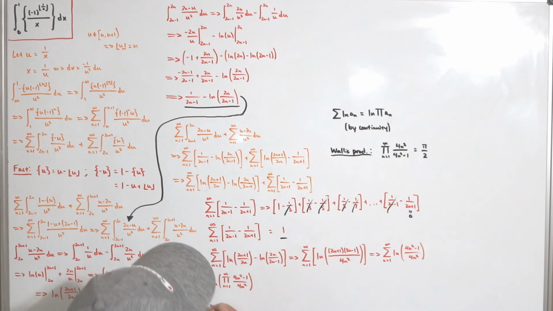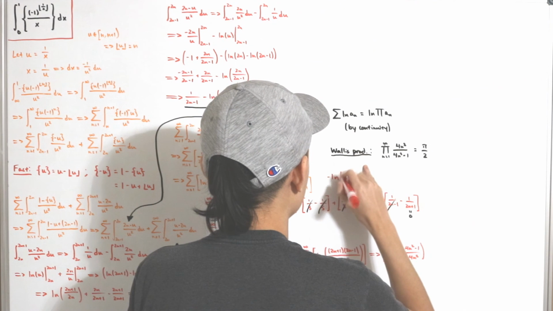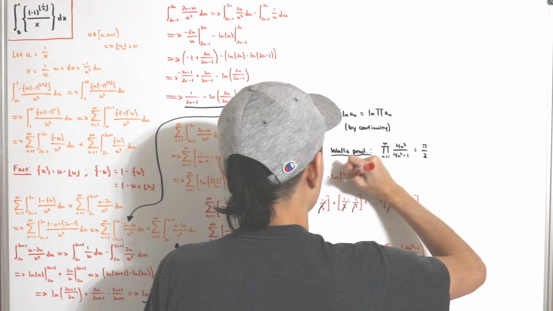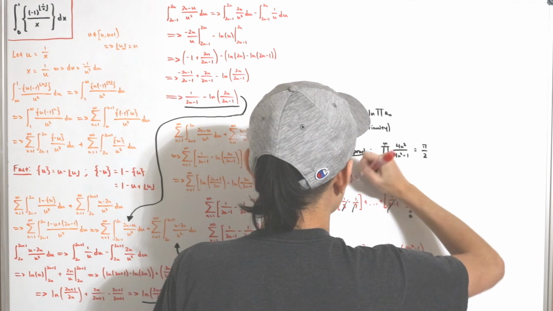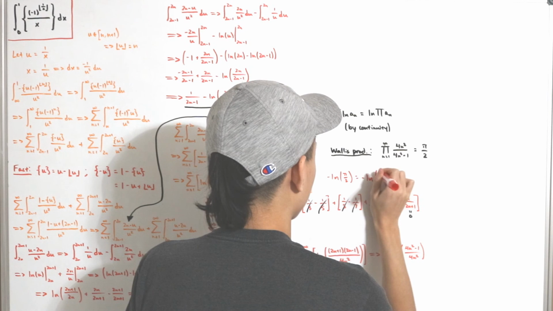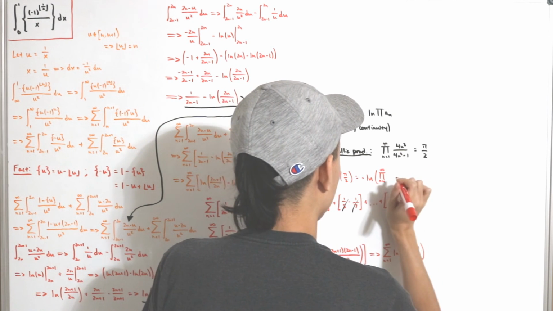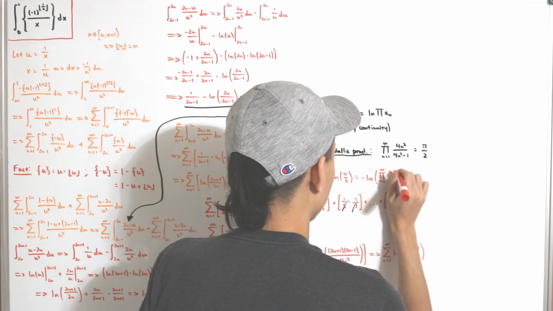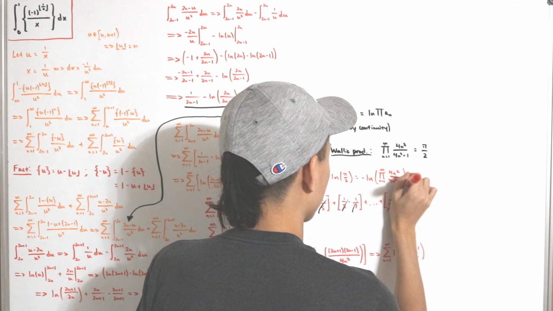So rather, to put this simply, this is negative ln of pi divided by 2. And that's equal to the negative of the product series from n equals 1 of 4n squared over 4n squared minus 1.